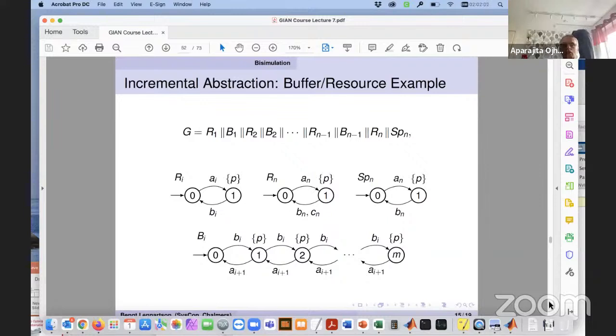Here is another, a little bit more interesting example where I have resources, I have buffers. The resources only have 2 state labels. The buffers could have an arbitrary number of places, say m. And in the end, I also add an additional specification saying that I would like to make an AN followed by a BN.